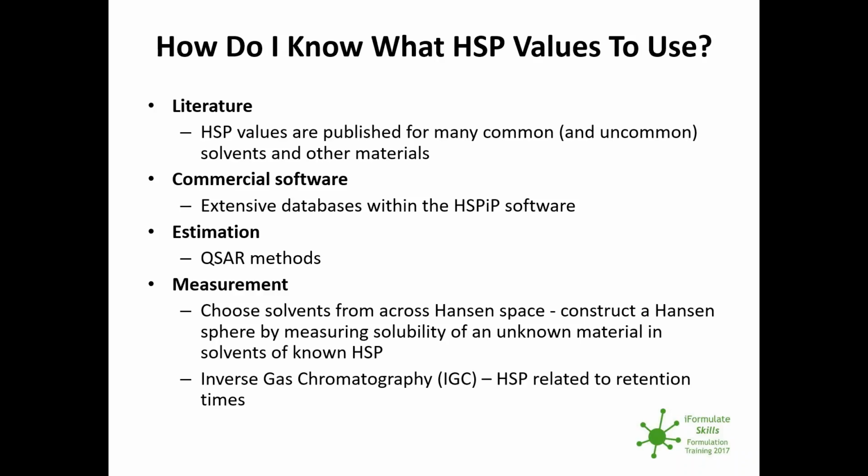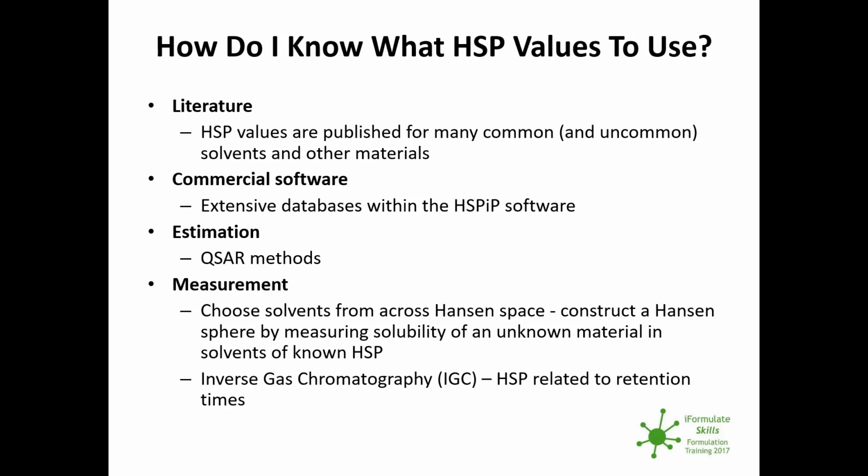There are methods using quantitative structure-activity relationships whereby the HSP values of a molecule can be estimated from the molecular structure alone, and that's quite useful as a first estimate. But in practice, in real messy systems where you've got unknown materials or poorly characterized materials, then measurement can be very useful.